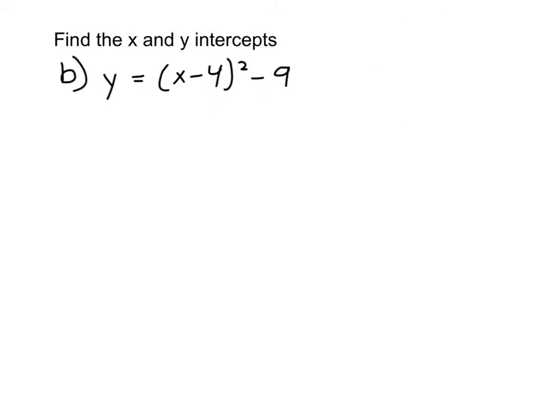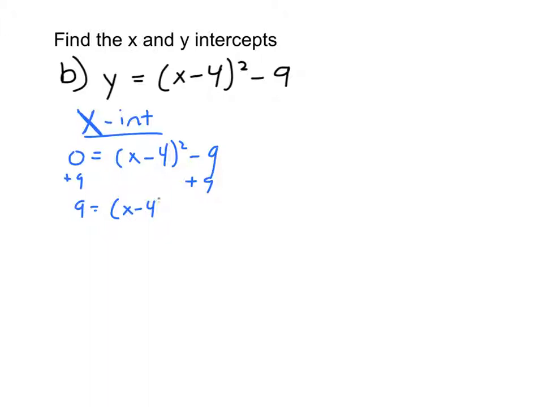Okay, let's do one more example. We'll find the x-intercept. I'm going to plug in 0 for y, so 0 equals (x minus 4) squared minus 9. I'm going to add 9 to both sides, so I get 9 equals (x minus 4) squared. Take the square root of both sides.